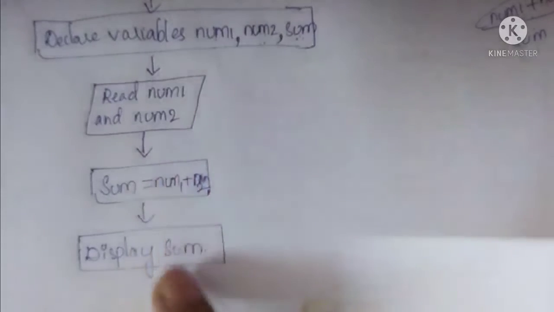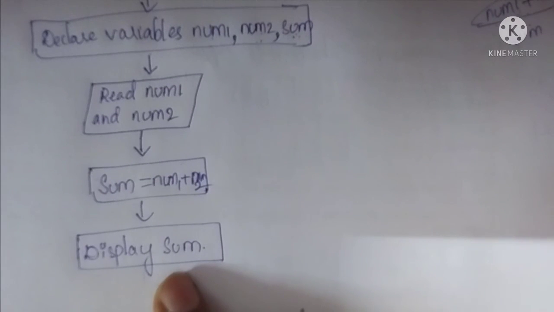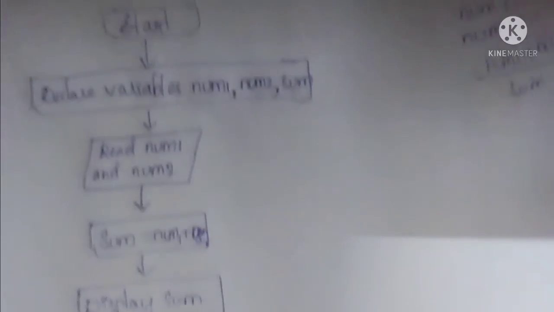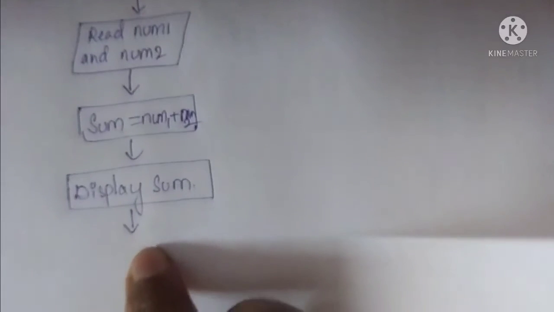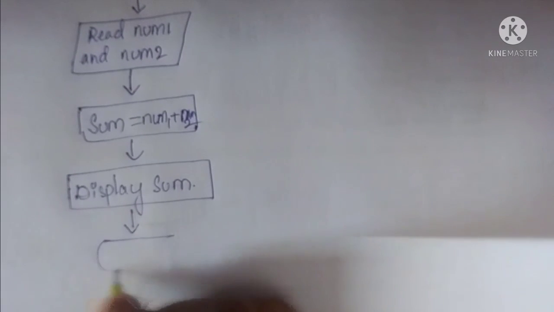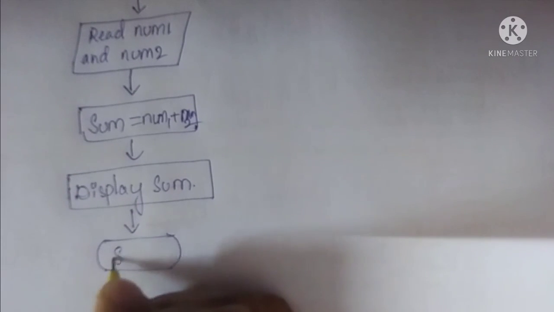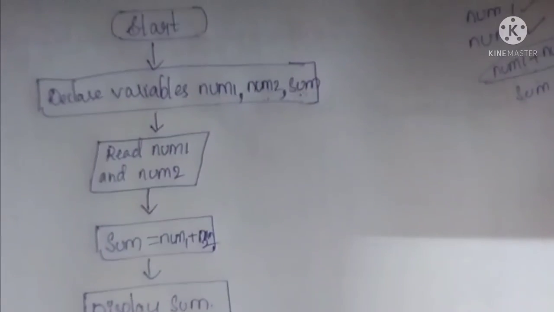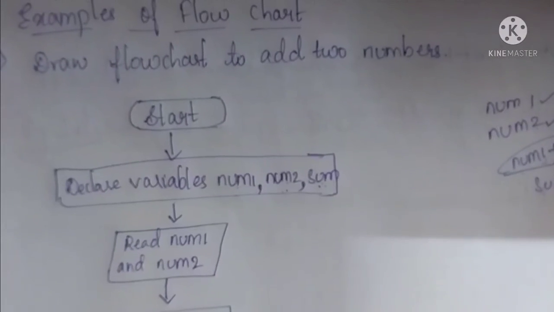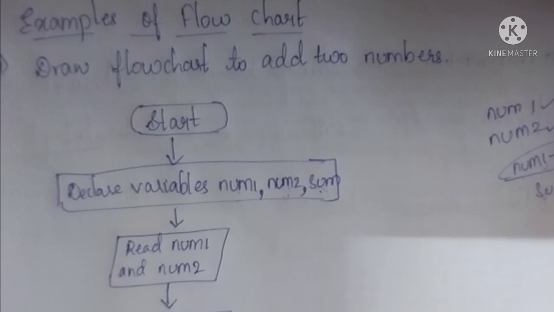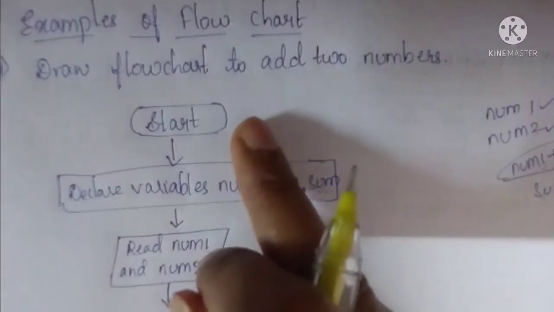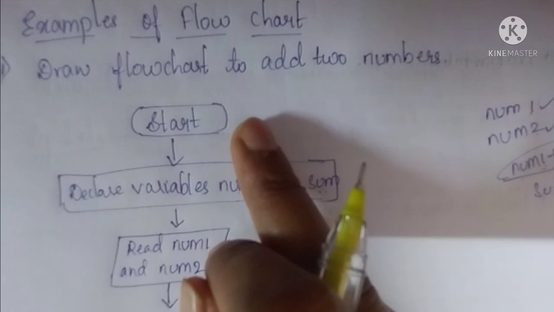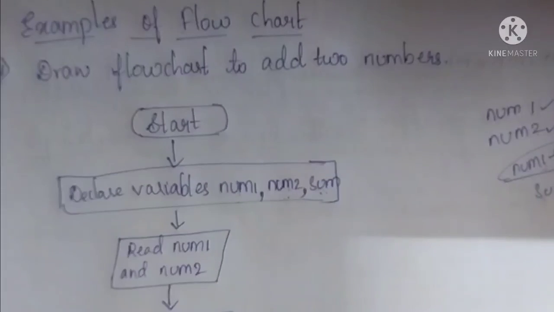So we have written all the statements, and at the last, the same symbol which we used for starting, we have to use for ending also, that is the terminal symbol. You have to stop the flowchart. So this is the process of how I have written the example for the flowchart. In the similar way, you can write any type of flowchart by using these symbols. Okay.